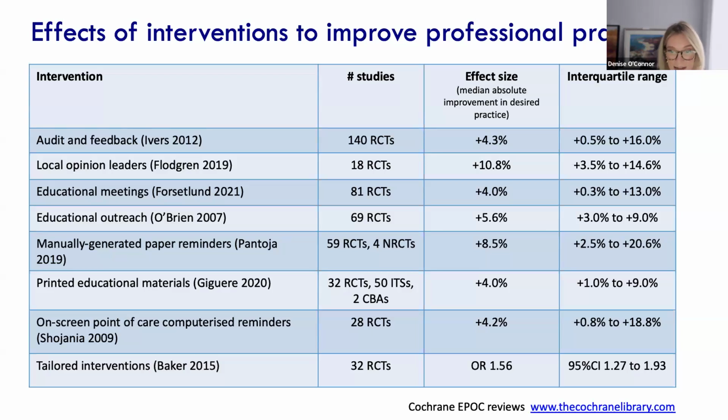And in some instances, there's loads of them. And incidentally, we've just updated that first one, that audit and feedback systematic review led by Noah Ivers and comprising lots of authors. And we've got almost 300 randomized trials of audit and feedback now. So it's a really robust evidence base on which to inform selection of these types of interventions.